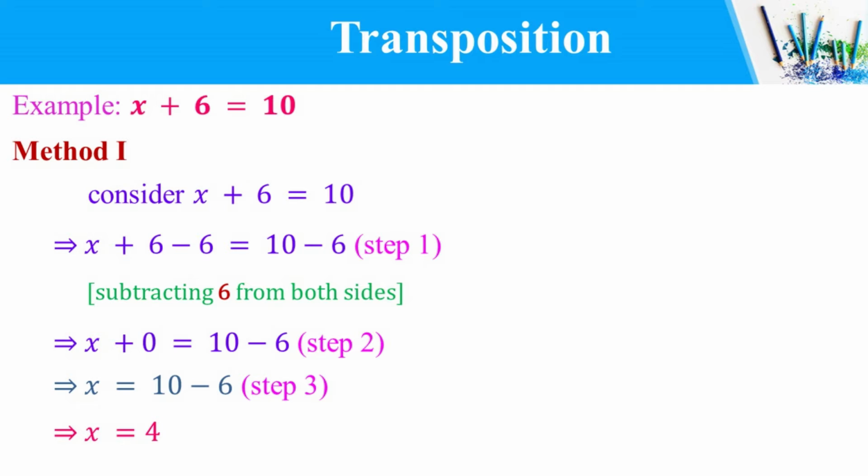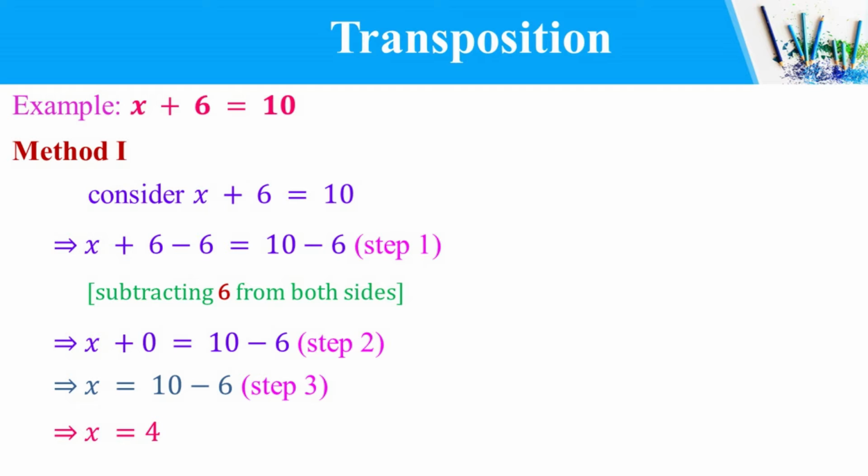While writing step 3 directly, it seems that we have transferred 6 from LHS to the RHS. But can you think of a reason for the change of sign of the term transferred? That is from 6 to minus 6.